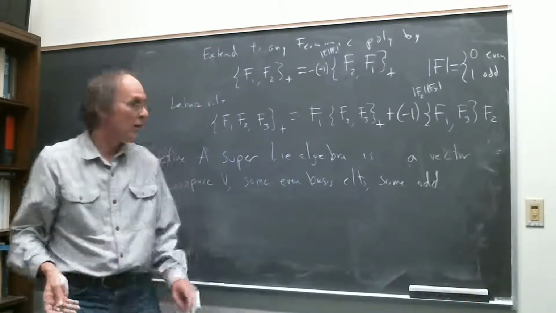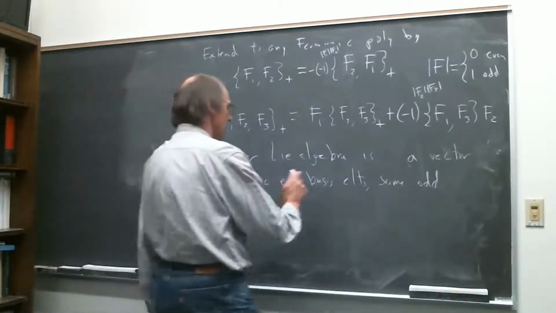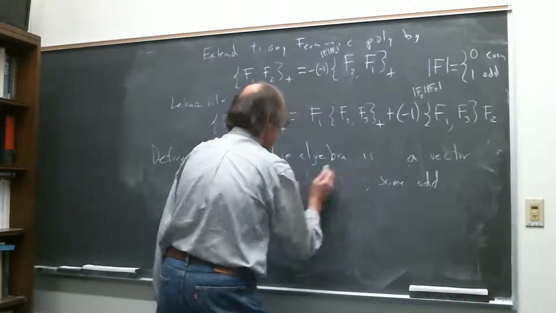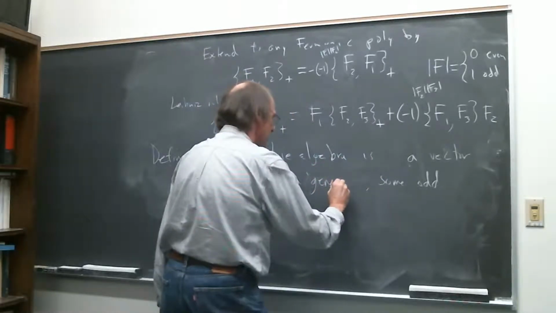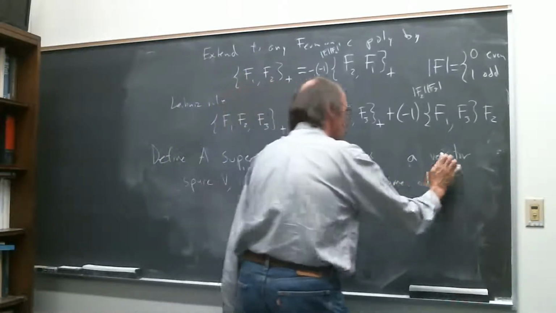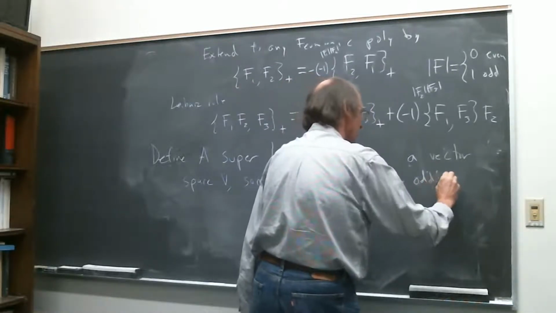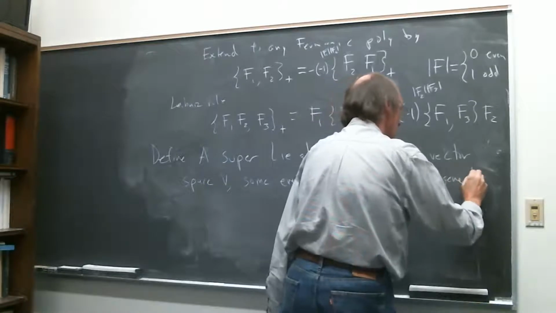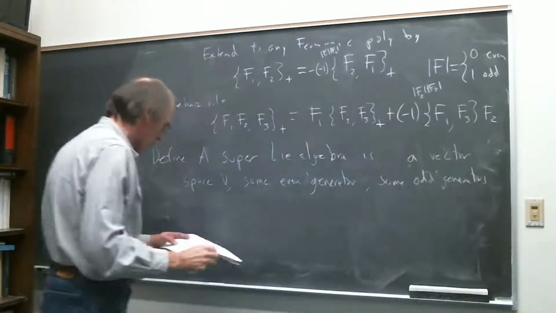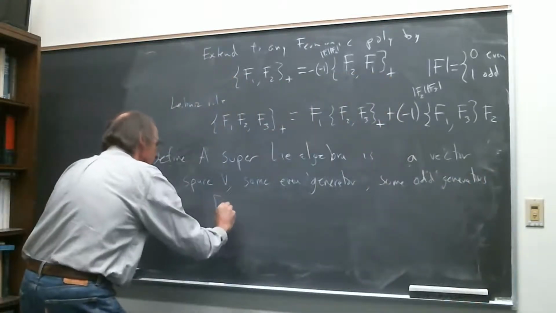But what you want to do is, some are even, and basis elements, maybe better to say generators, odd generators. And then it comes with a bracket.